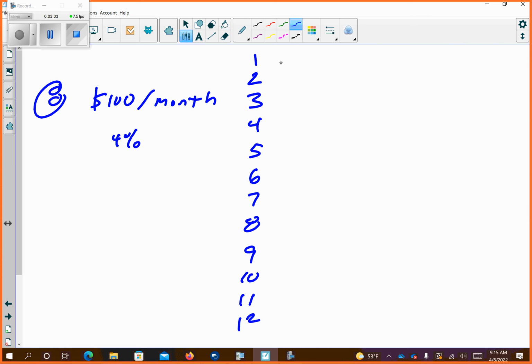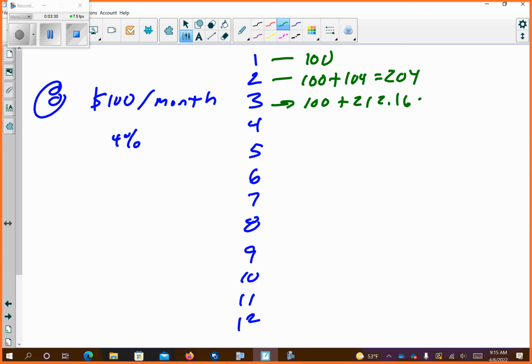All right, your first month, $100. Second month, I'm going to go another 100 plus 104, so that's 204. And then I need the calculator from there. Third month, I'm going to plug in another $100. So I'm going to go 204 times 1.04. 212.16.